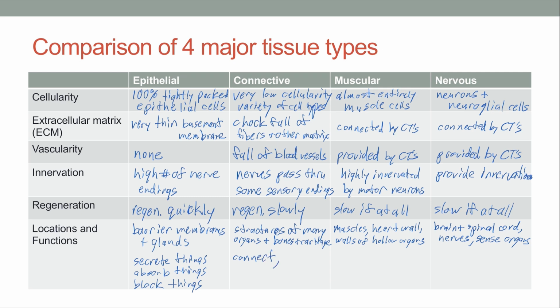But they also provide support. They transport in some cases and store in other cases essential minerals and nutrients and things. And they host part of the immune system.